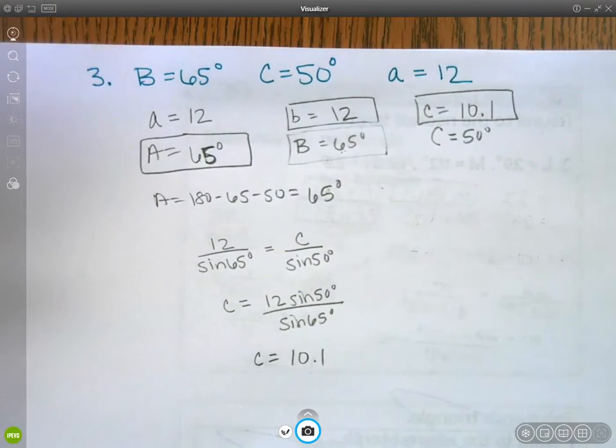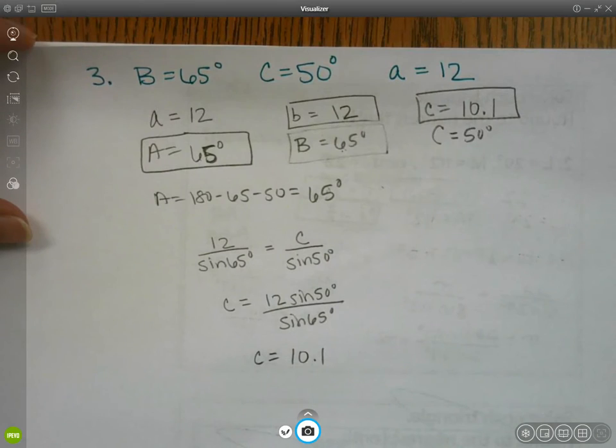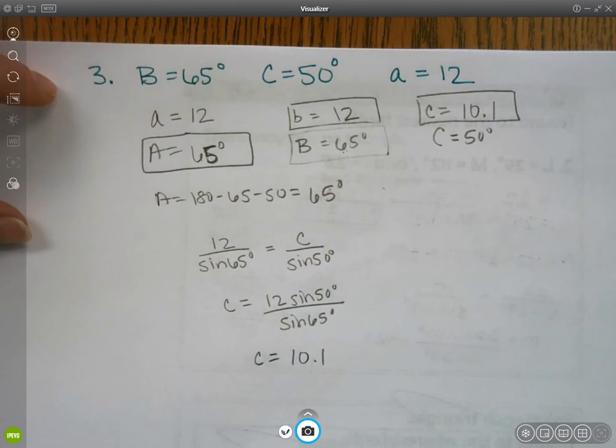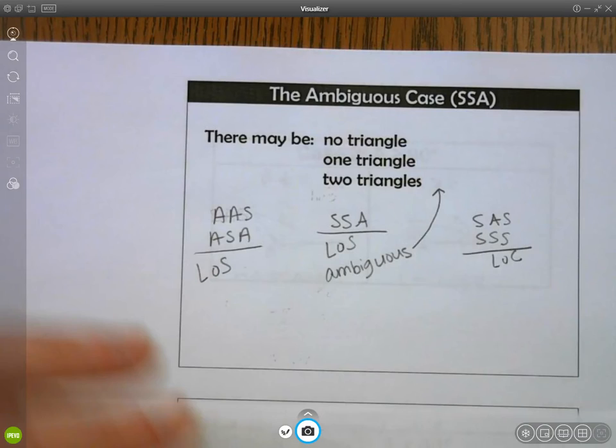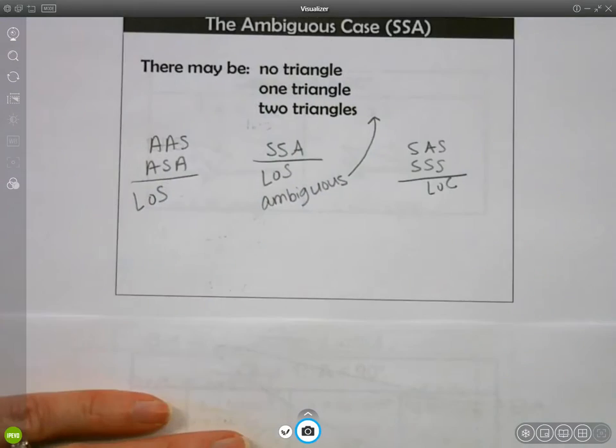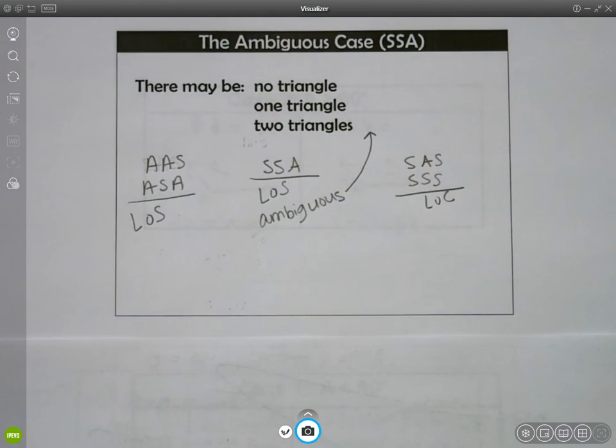Okay, so as long as I give you two angles and a side, it's one specific triangle, the law of sines will work, and everything's great. If I give you different information though, I'm always going to give 3 pieces of information about the triangle, and you have to find the other 3.